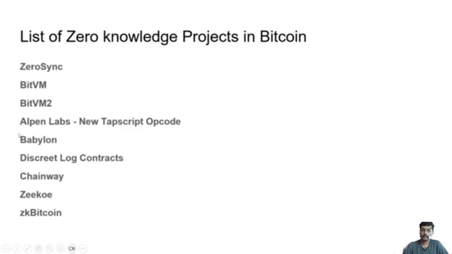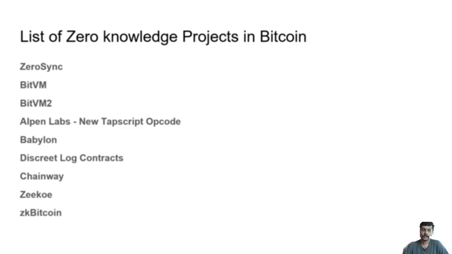And Babylon, it is also a layer 2 protocol, and it is also following the ZK things. But I think I need to see more details about it, and in the later stages I'll be able to present more details about Babylon. Discrete log contracts help the oracle providers to submit the tasks into the chain.